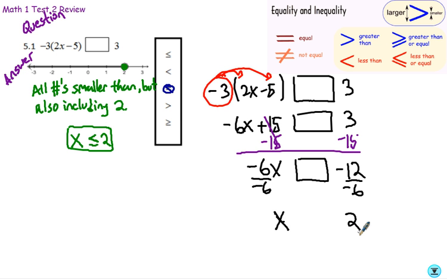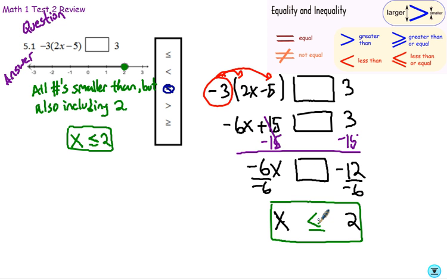So then the question is, well, oh, okay, so they already told me that this is x less than or equal to 2. They told me the answer ends up as a less than or equal to. So what I've got to figure out is, was it always a less than or equal to? What did it start off as? Well, if you look at what happens here, and this is the whole point of this question, we divided by a negative. If we divided by a negative, that means that whatever this was, it got switched around.